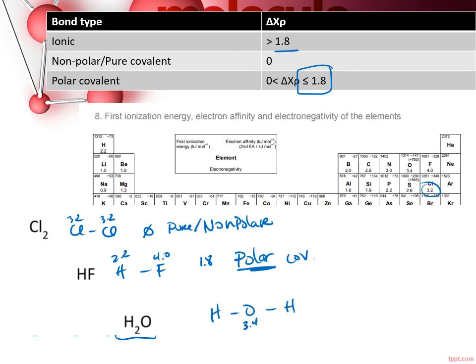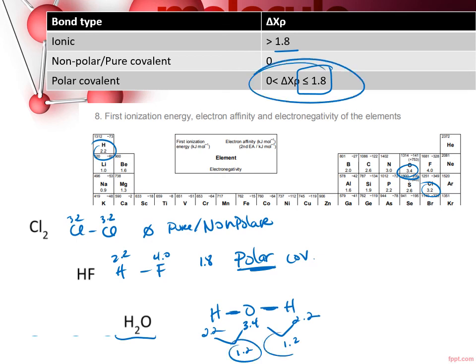Oxygen is 3.4. Hydrogen is 2.2. The difference here is 1.2, and the difference here is also 1.2. We look at the difference in each pair. This is a polar covalent bond, and this is also a polar covalent bond because 1.2 is between 0 and 1.8.